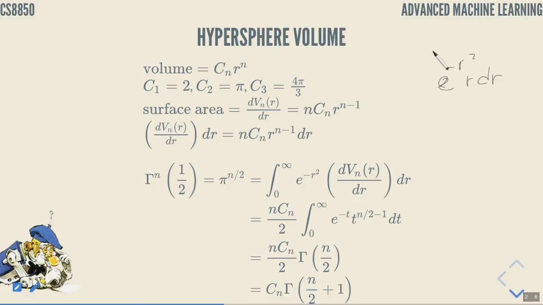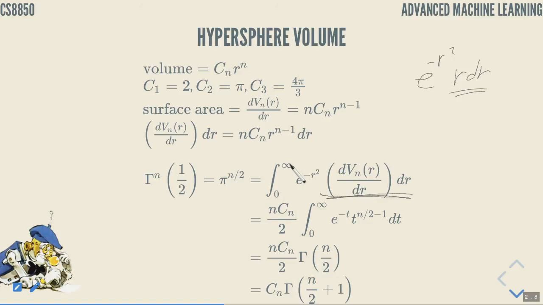So e to the minus r squared, r dr was our element of the volume, and we're replacing this element of the volume because now it's n-dimensional. It's not 2-dimensional. Our polar integral absorbed all of the dimensions, remember, or absorbed the 2 dimensions.